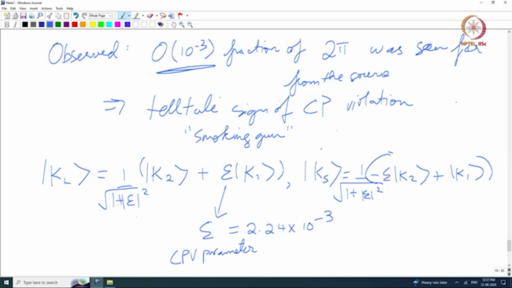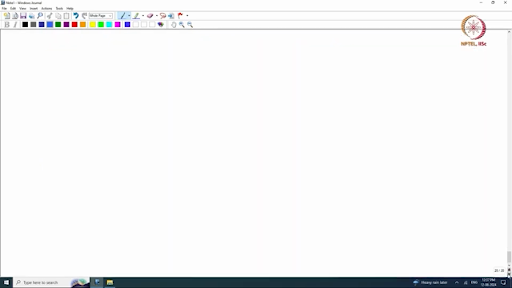Okay. So this is a very curious thing, correct, because we saw that parity is maximally violated, that is, in a point mirror the weak interaction completely vanished, right.